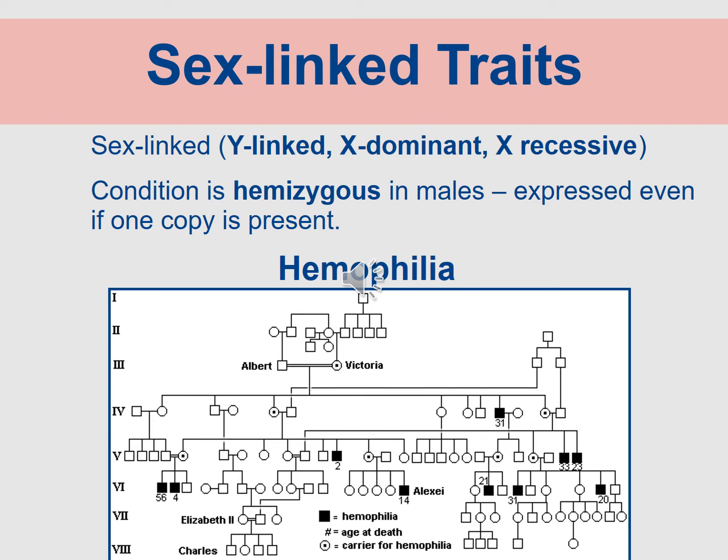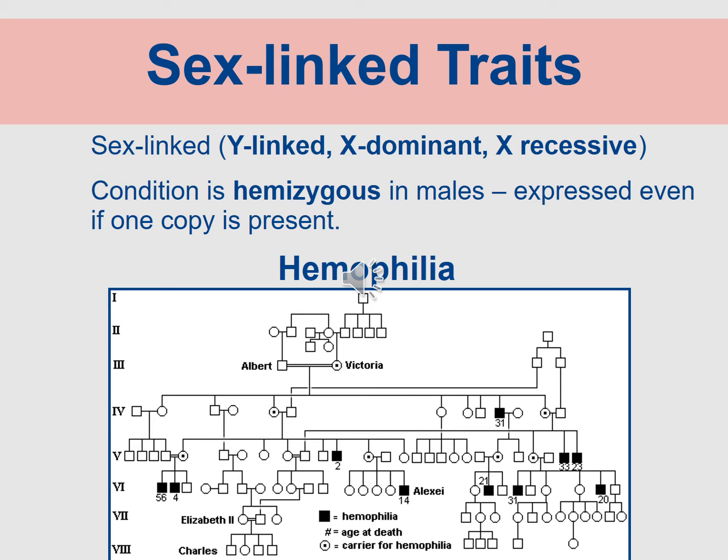Other traits follow a pathway that doesn't include the autosomes, and they're actually sex-linked. And so we have sex-linked traits, ones that are Y-linked. Y-linked traits are ones that females don't get. So if it's Y-linked, it's a male trait by default. There are some traits that are X dominant, X recessive.